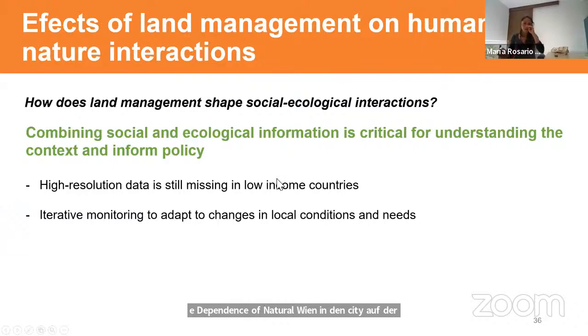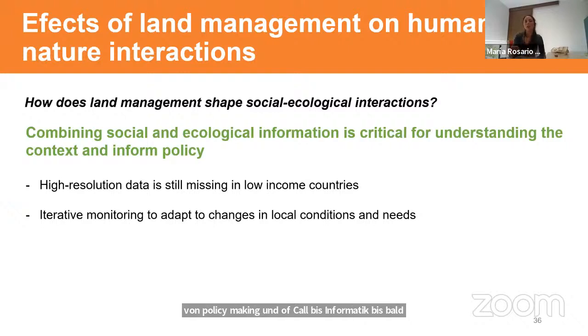What I conclude from this aspect of my research is that it is fundamental to combine social and ecological information to really understand the context and to be able to provide sound information for policy making. And of course, this part of research is more challenging, especially for some low-income countries.